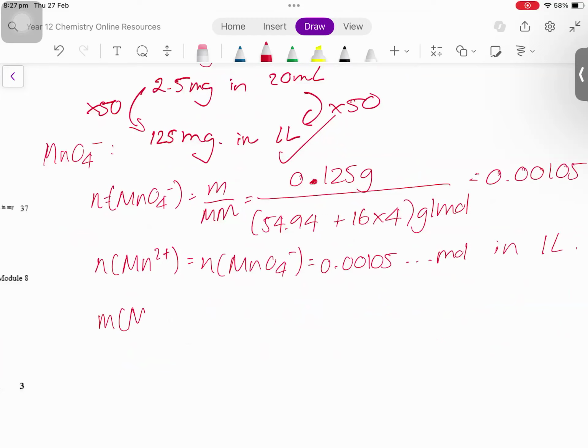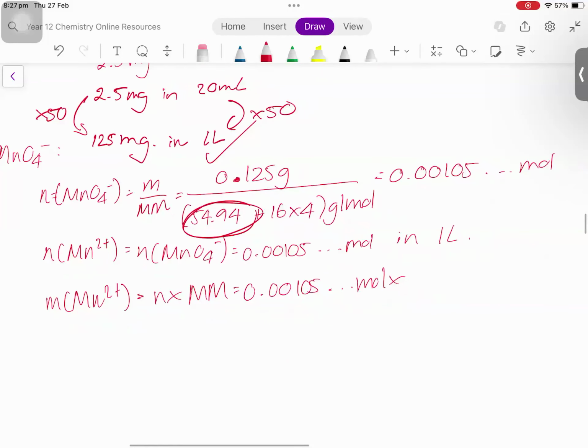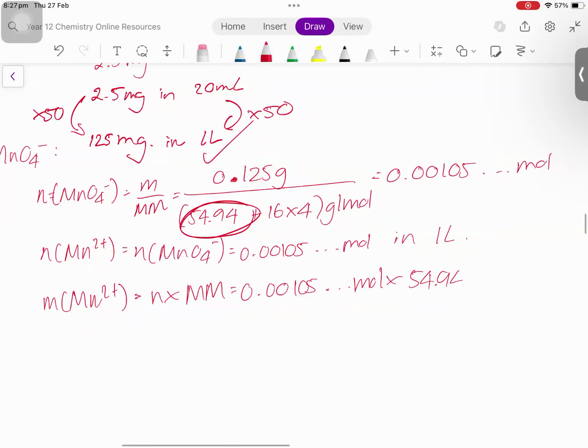So mass of Mn2 plus is moles times molar mass: 0.00105 mole. Now that I'm only doing Mn2 plus, I only take the 54.94. Take the molar mass for whatever formula you're working with now. 54.94 grams per mole. What is the mass of Mn2 plus, please?